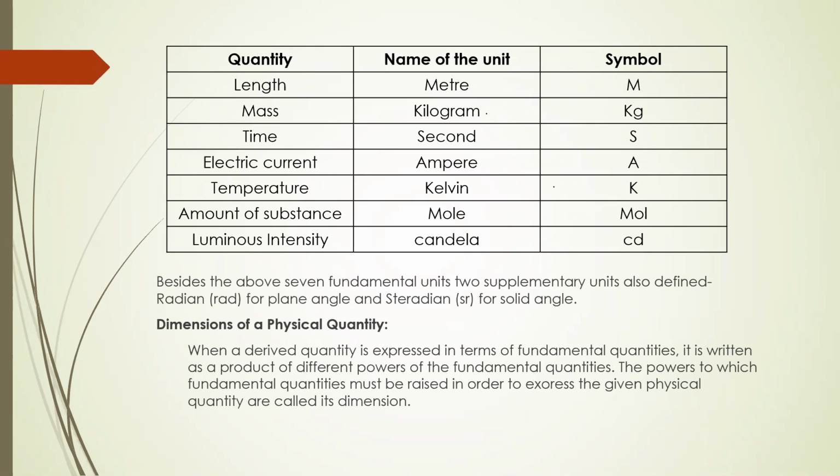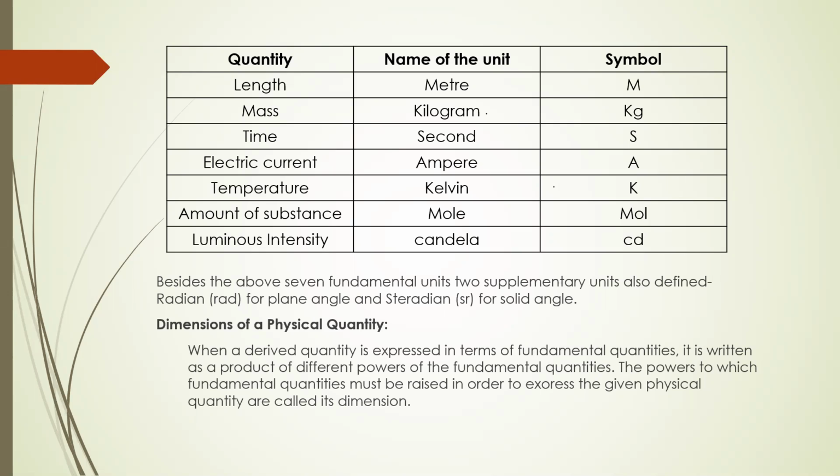The unit of length is the meter, denoted by m. The unit of mass is the kilogram, denoted by kg. The unit of time is the second, denoted by s.